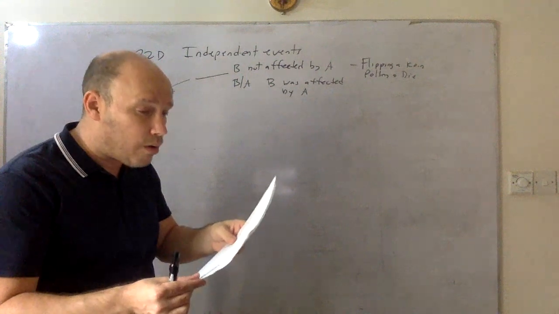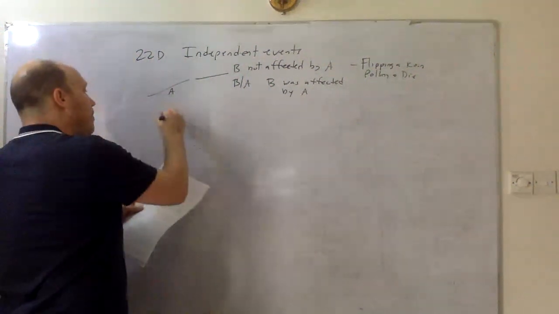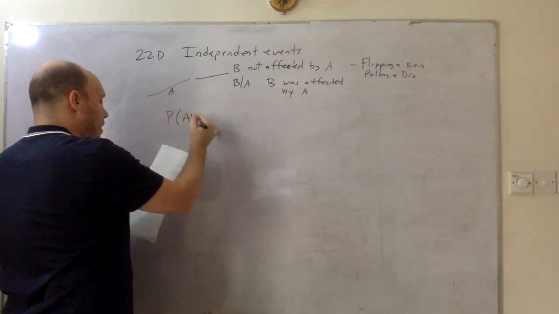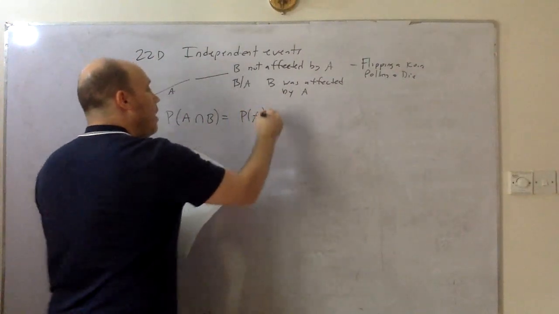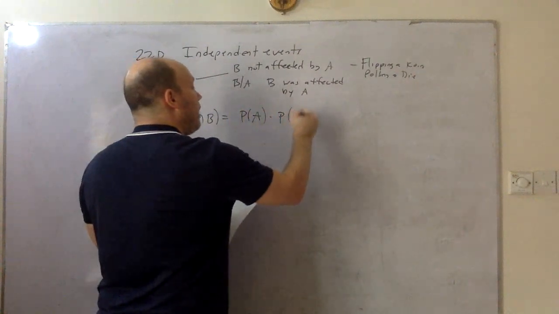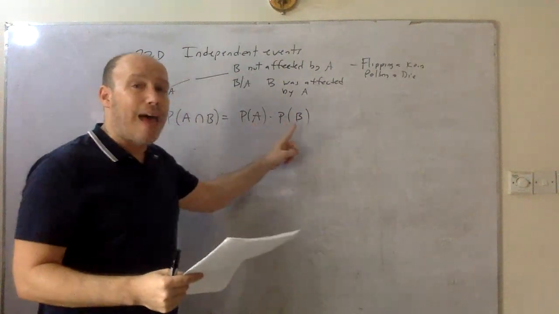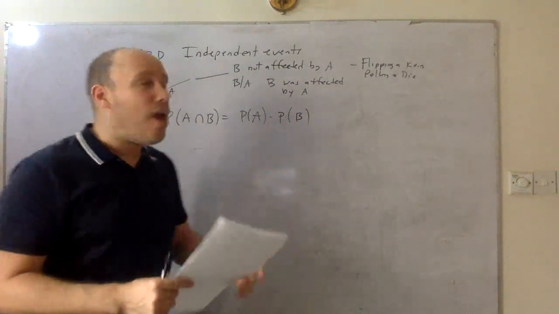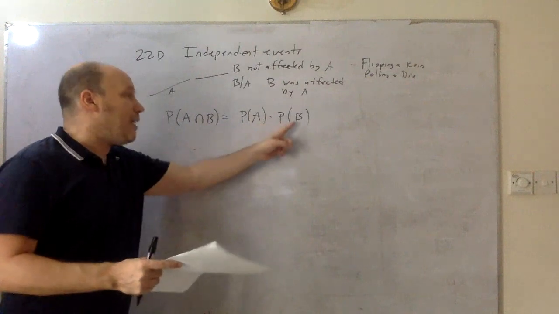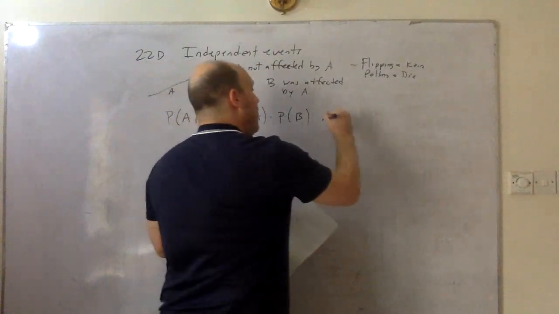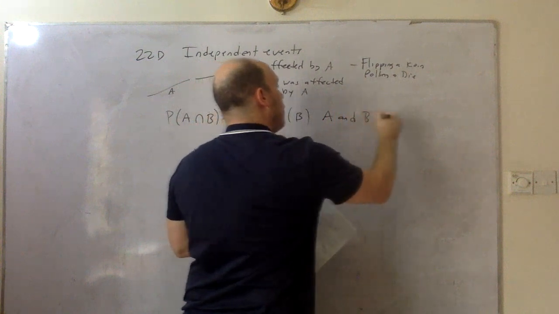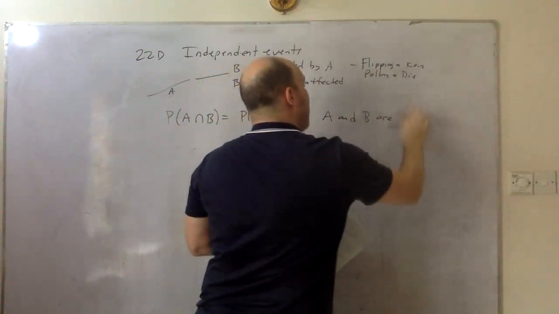That's fine. So we say that the probability of A and B is equal to the probability of A times the probability of B. This notation shows that neither affects the other, so these individual probability events are independent. Then A and B are independent.